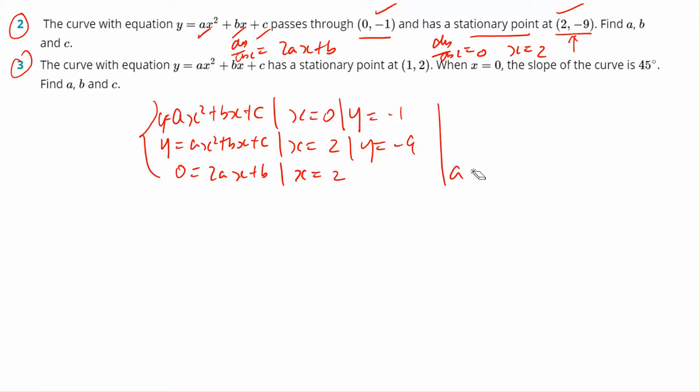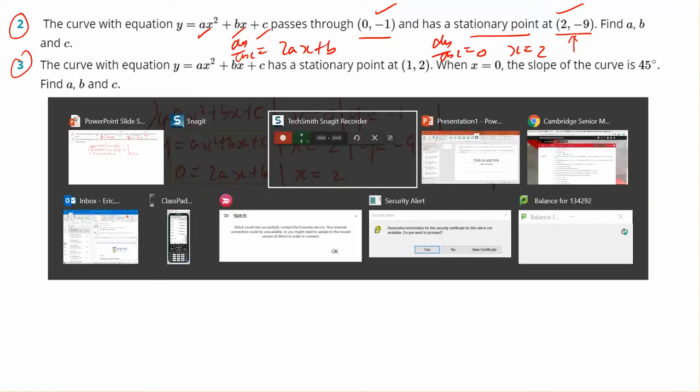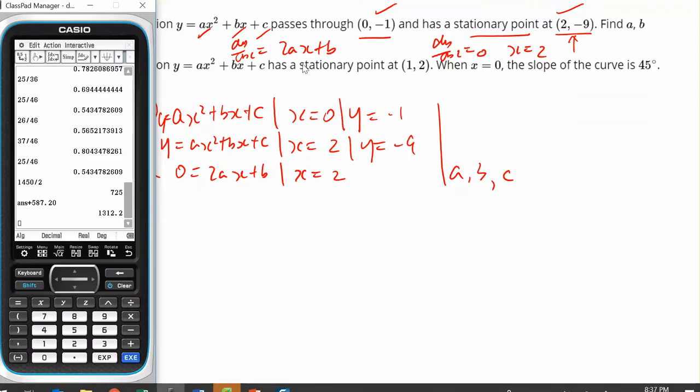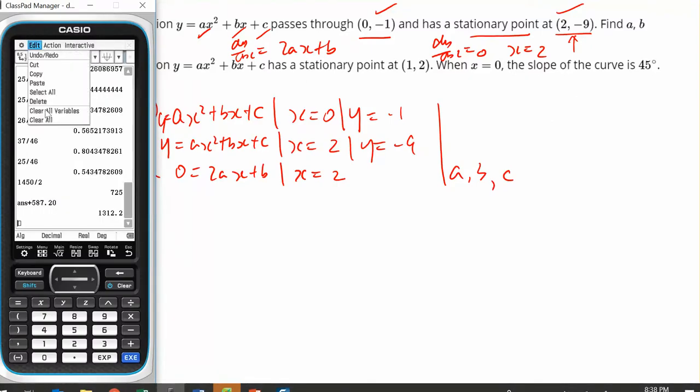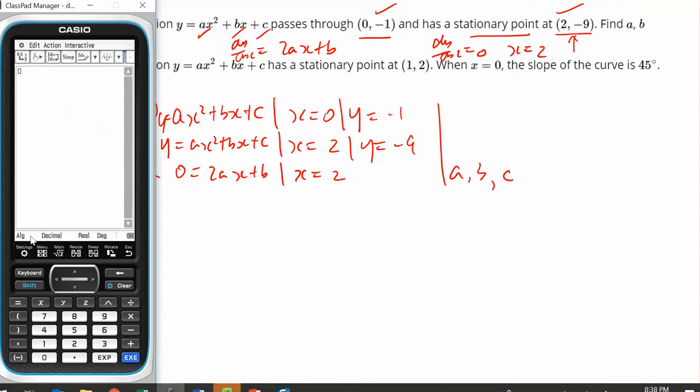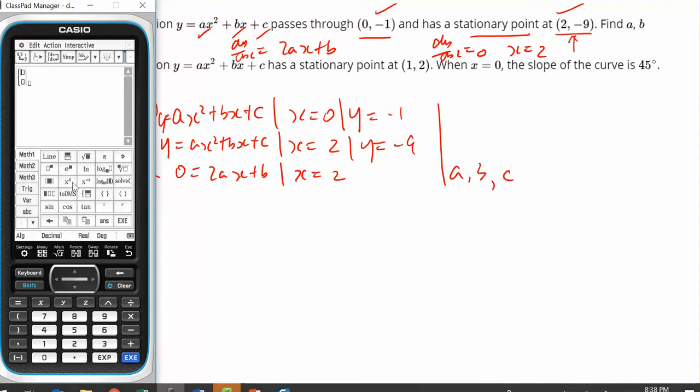On the exam, if you get something like this, I'm expecting you to be able to solve it. So let's go on to our CAS. We're going to type this in. All you need to do is go on our keyboard, set up simultaneous.